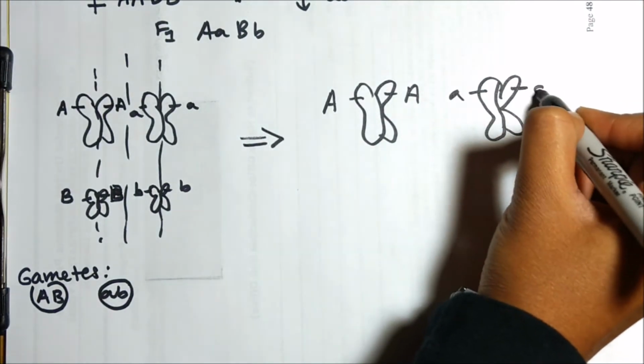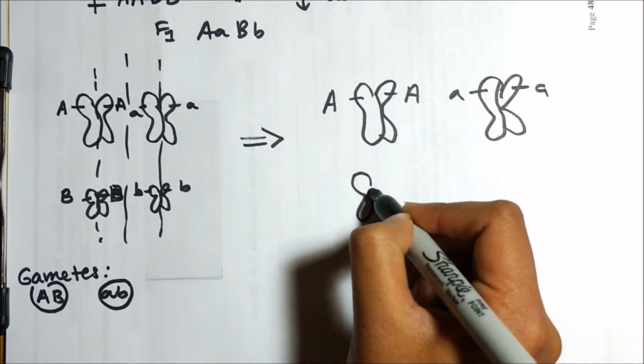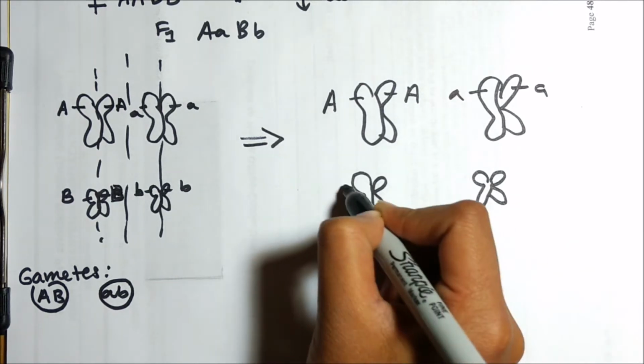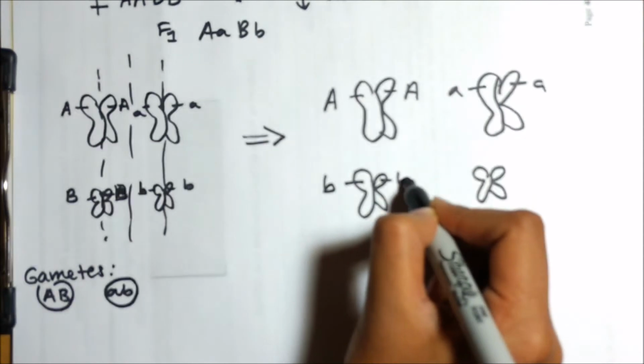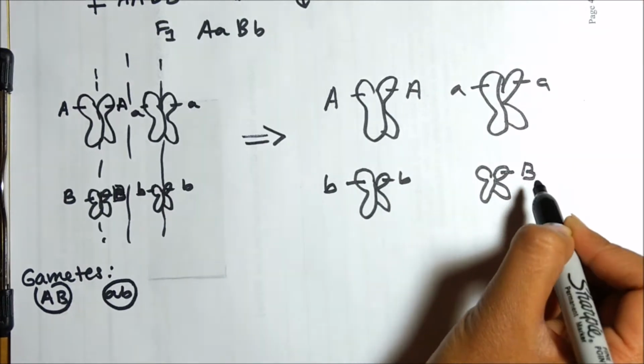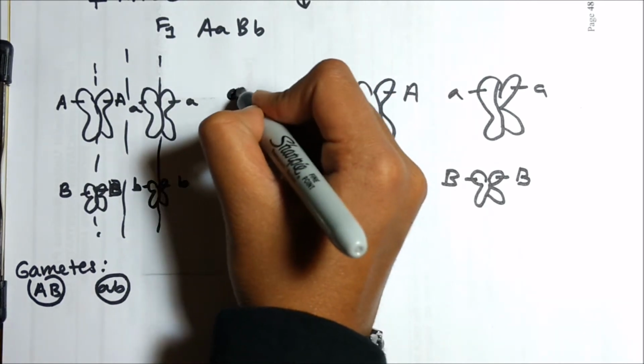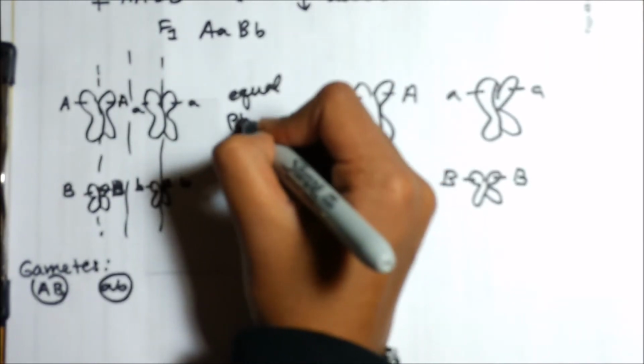So the A's can stay the same, but in the B's, the lowercase b ends up on this side, the capital B ends up here. Now both of these are equally probable.